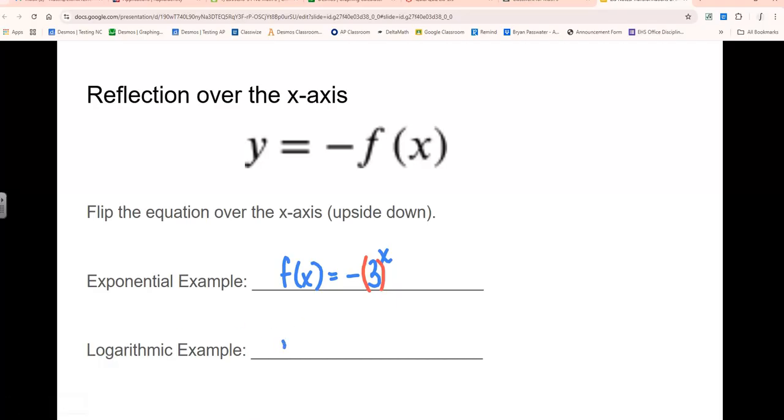And a log example would look like this: negative natural log of x. It doesn't have to be a natural log.